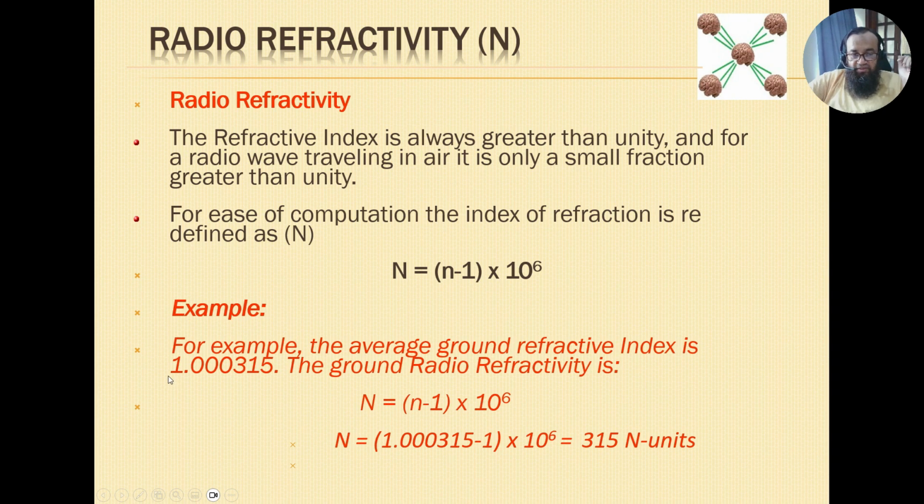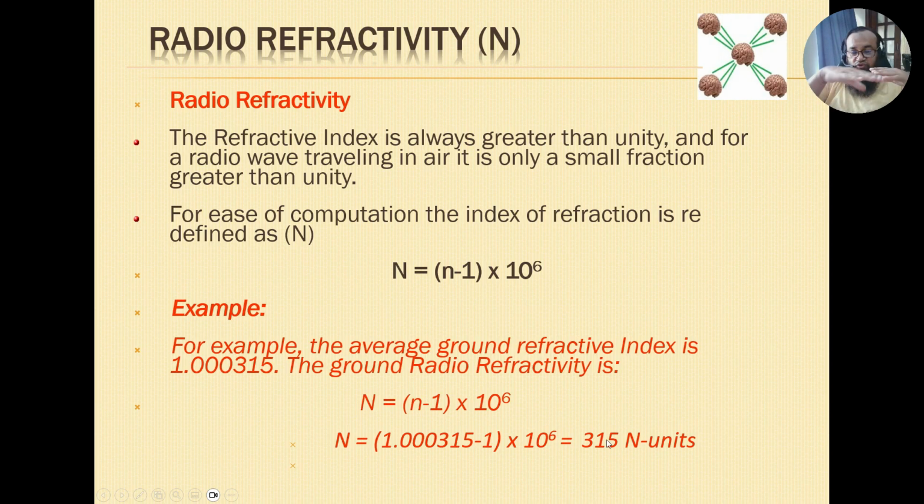This refractivity index is fine for any scientist or physicist to work on, but for the radio guys it's a bit of a difficult number, so we call it 315 N units. We make it simple.